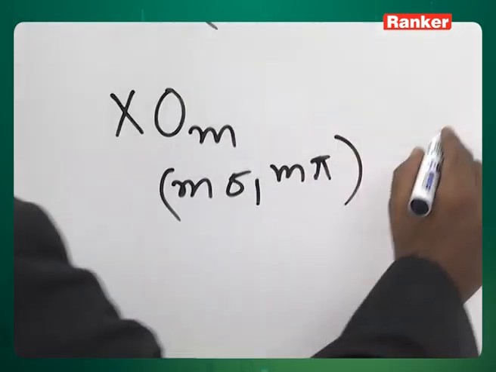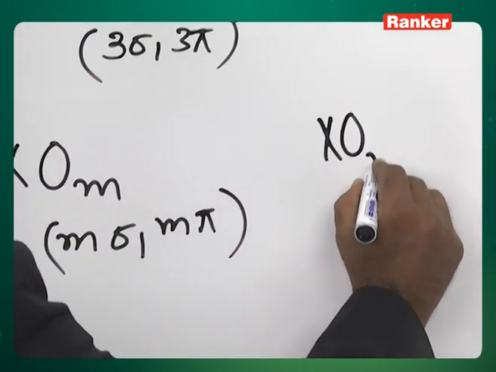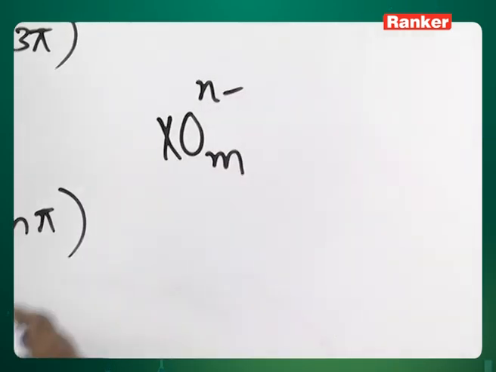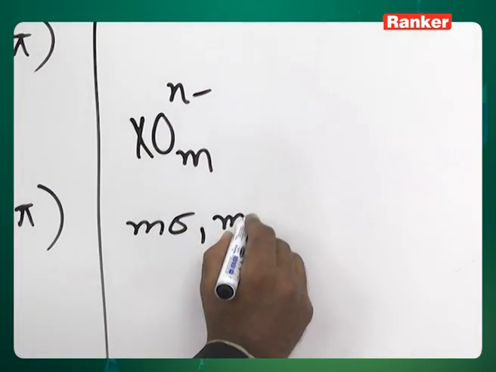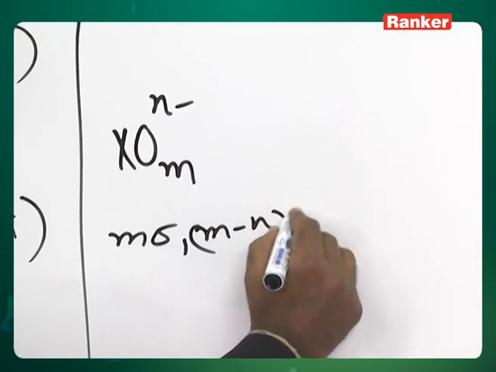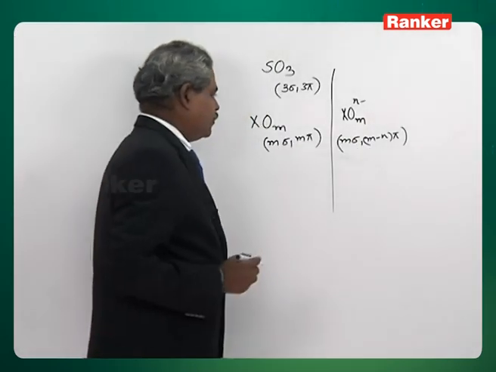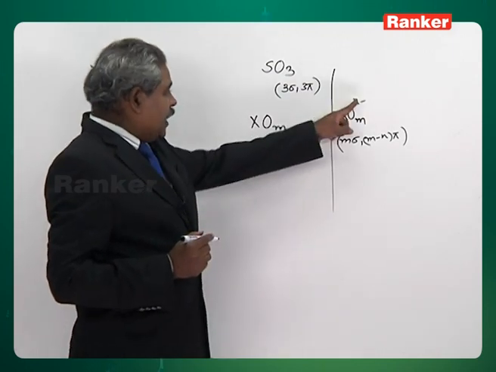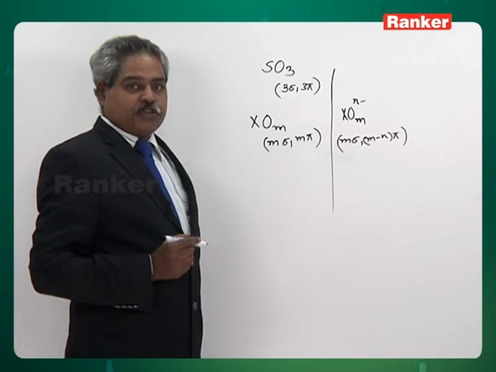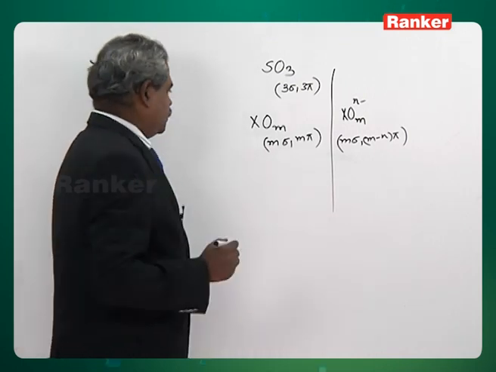Then for XOm to the n minus, there are m sigma bonds and m minus n pi bonds, because n of them are not oxygens, they are O minuses, you know.